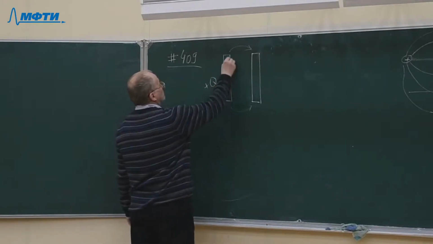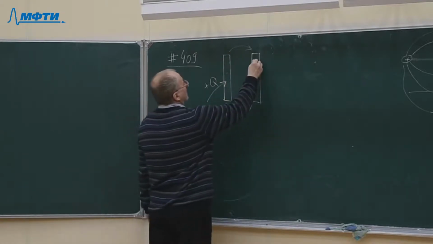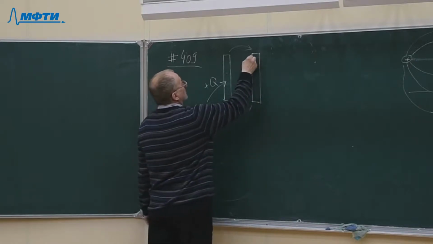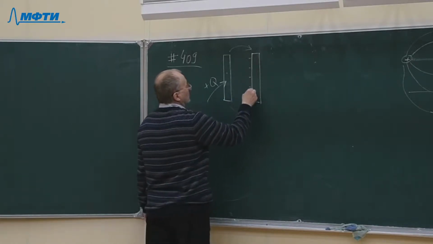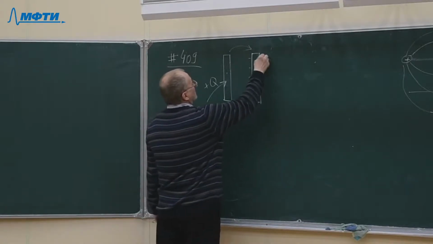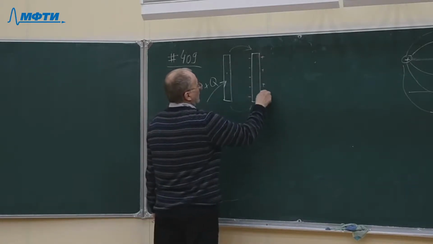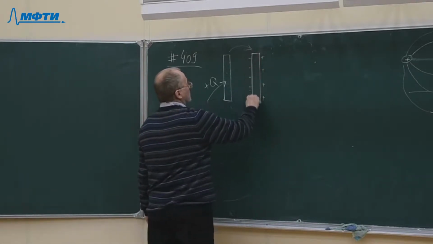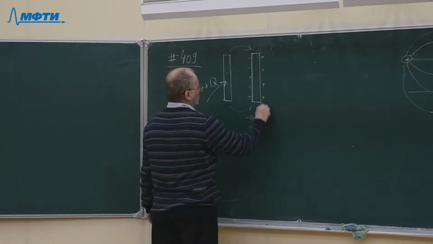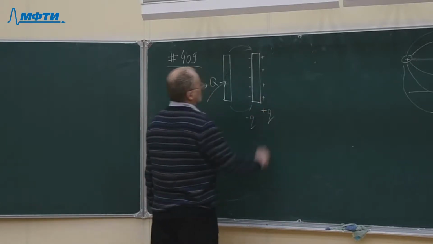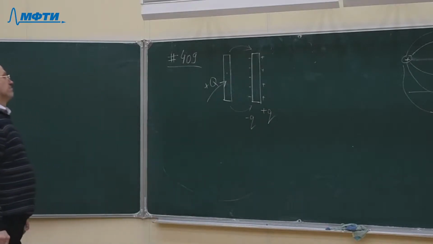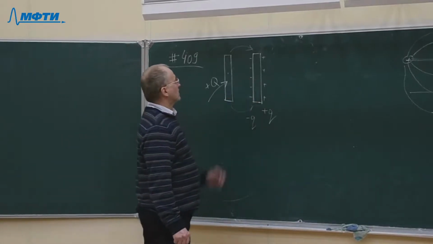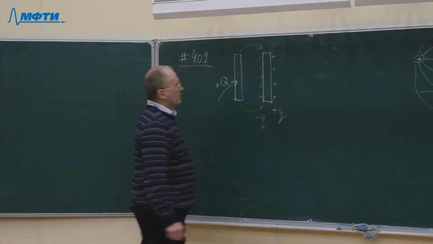If this is a positive charge placed on the first plate, then it's obvious that electrons will be attracted to this surface, and this surface will be negatively charged, and the opposite surface will be positively charged. And we need to find what charge will be here, minus Q, and what charge will be here, plus Q. Induced charges on two surfaces of the second plate. We need to find these quantities.